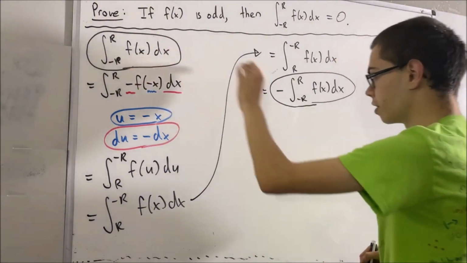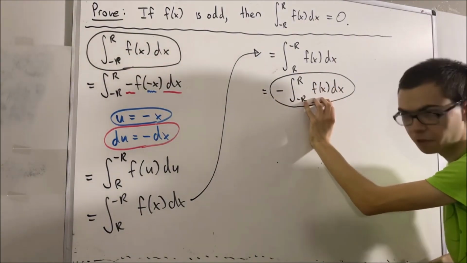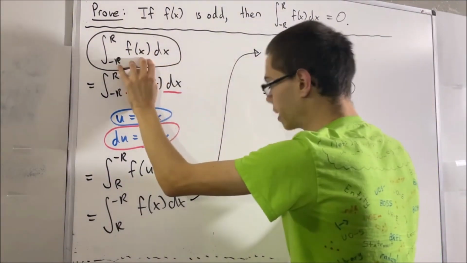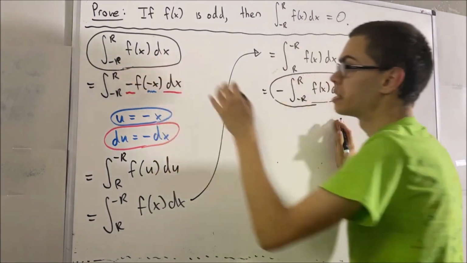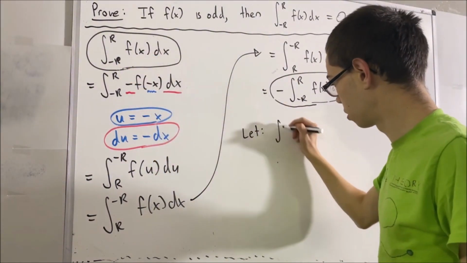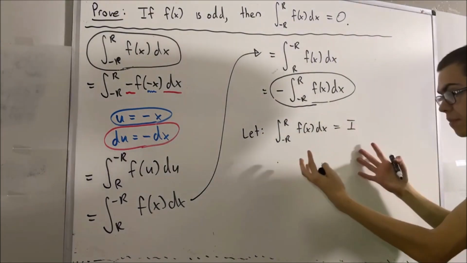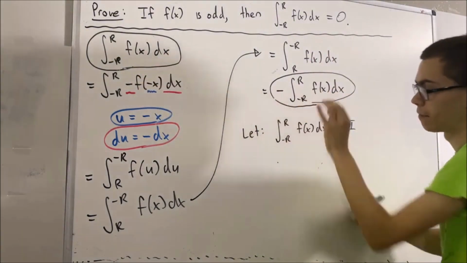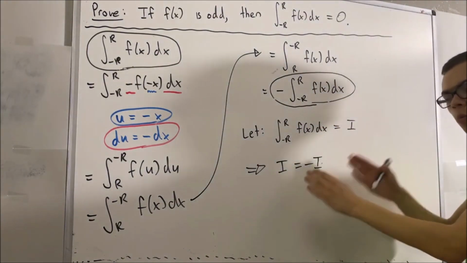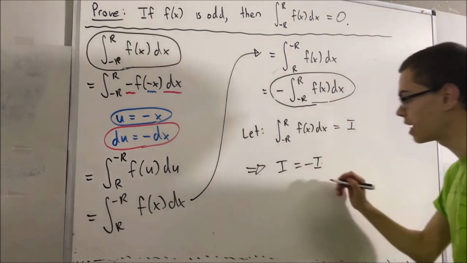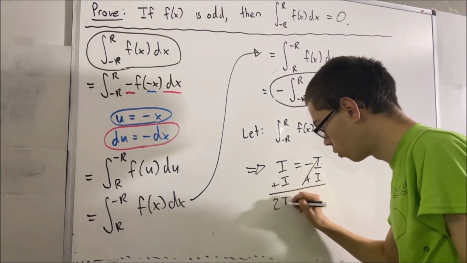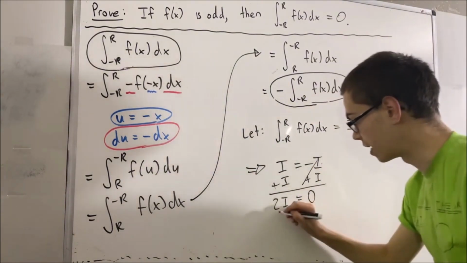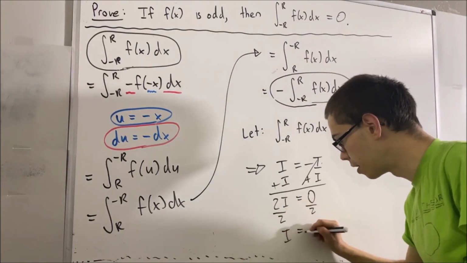The original integral equals the negative of itself. And so what this means is, if we let our original integral equal some number I, what this means is that I is equal to negative I. And so what we can do from here is we can add I to both sides. We get 2I equals 0. But then if we divide 2 on both sides, we get that I must equal 0.